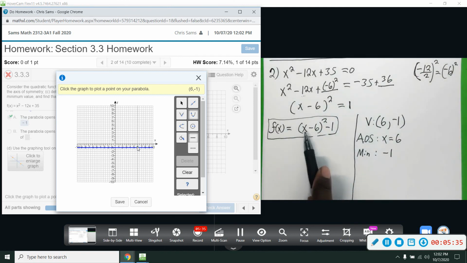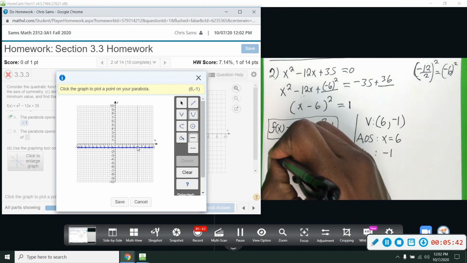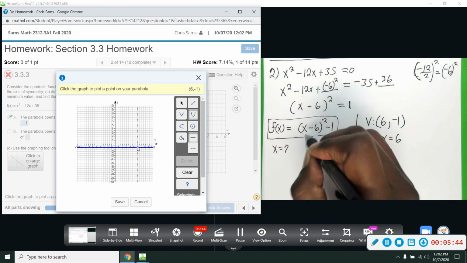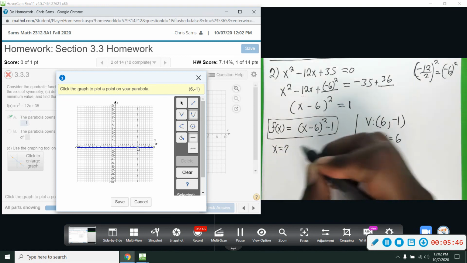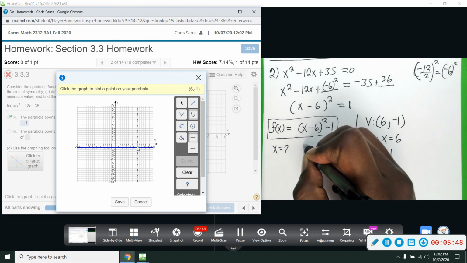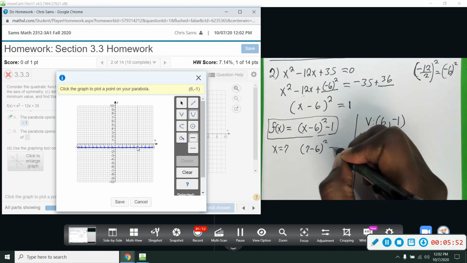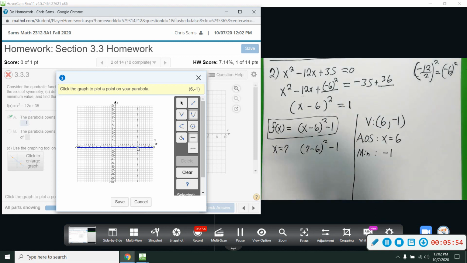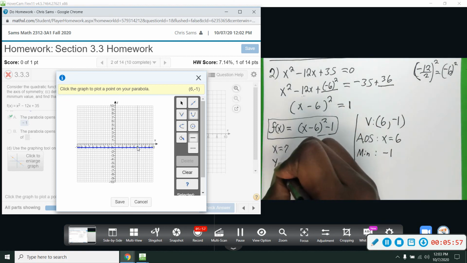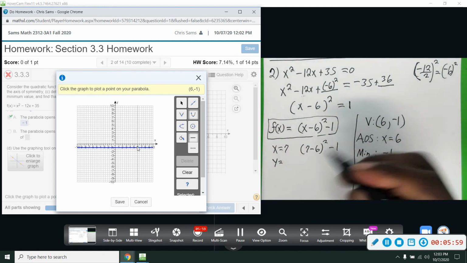So I have to subtract 6. So I want to try to get this to be a 1. So that means I'm going to let x equal 7. It's going to be easy to work with because 7 minus 6 is going to give us 1. So we do 7 minus 6 squared minus 1, and this is going to give us our y value.